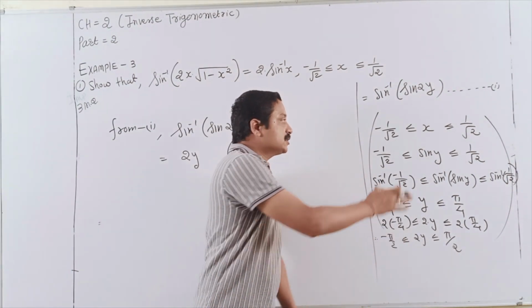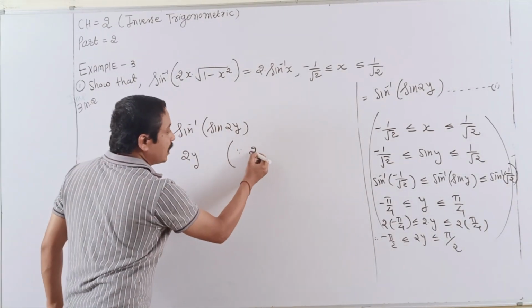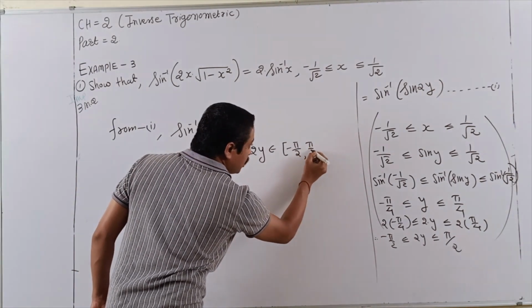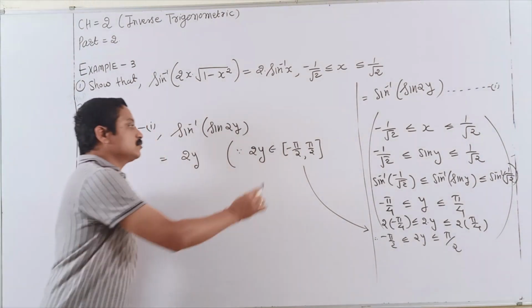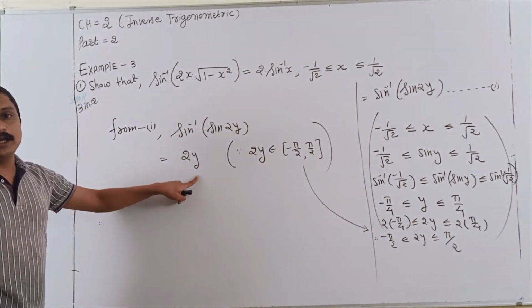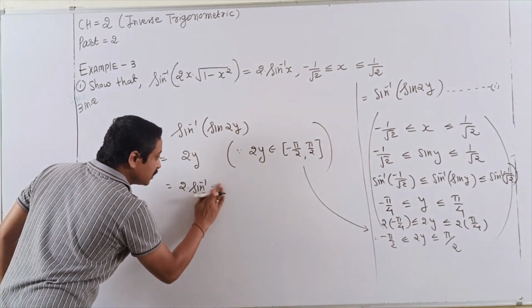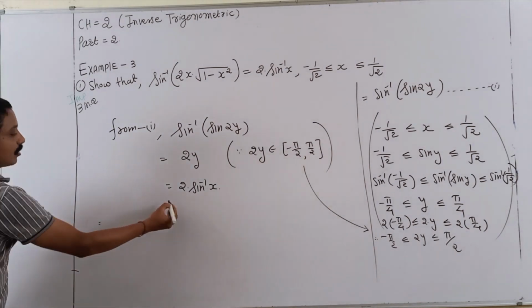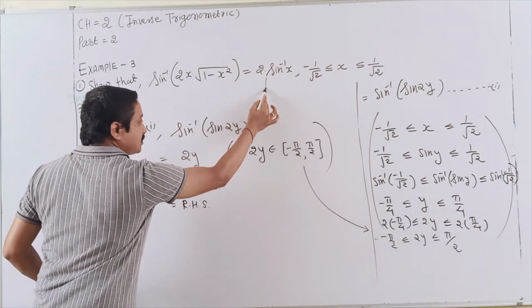And students, this condition is necessary to show in the example: y belongs to the closed bracket minus 90 to 90, according to that condition. That's why I show 2y here. And y, you know what y is? Sine inverse x, because the answer is already there. Therefore, that's my RHS. Here it is checked. That's your RHS.